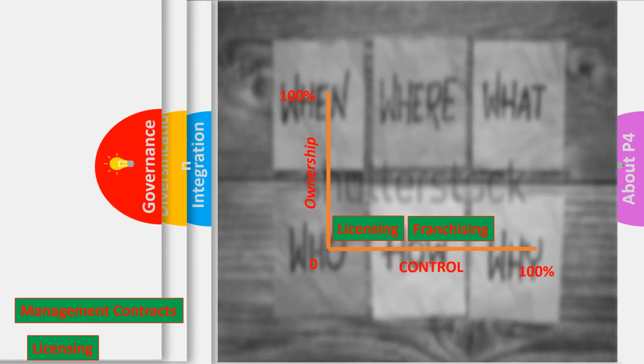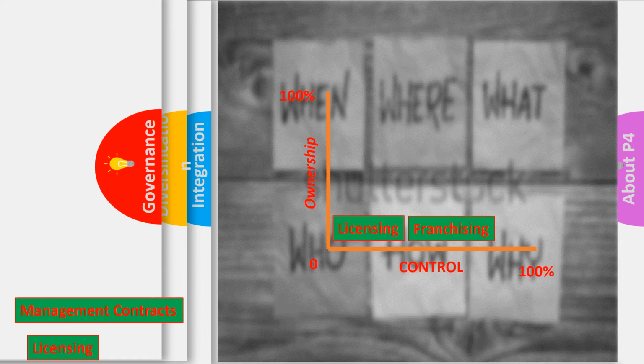Some of the ways include licensing. They include franchising. Now, if you can see this graph, you've got two factors. One is ownership and one is control. What I am saying is that it's the level of ownership you will have with different routes to internationalization.